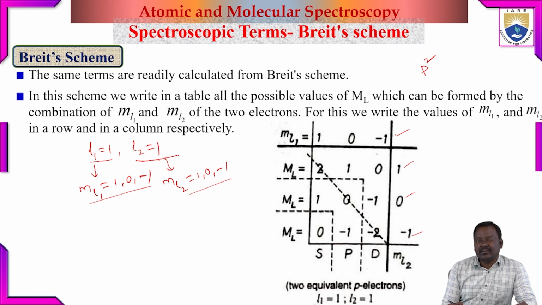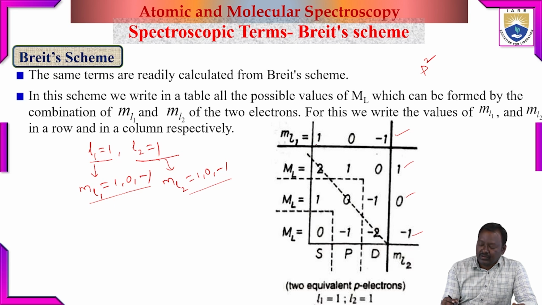Whenever there are two electrons in the same subshell, the ML values indicate the orientation of the electron orbit around the nucleus of the atom. The two electrons can exist in different states, so different combinations of states are possible, and when the two electrons revolve around the nucleus in different states, they can have different ML values.